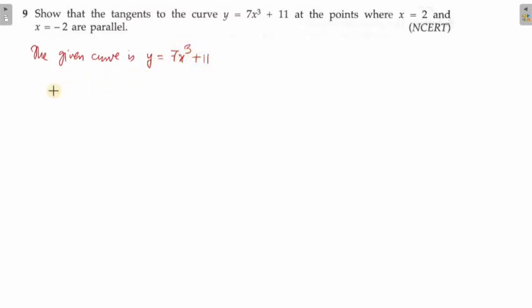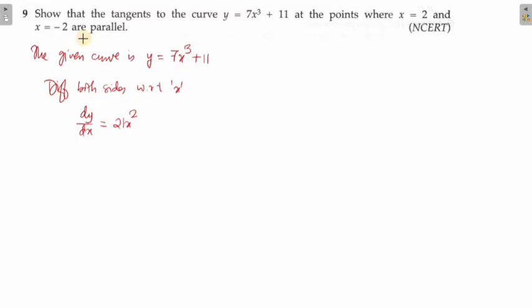Obviously, differentiate this. Differentiating both sides with respect to x gives you dy by dx equals 21x square. Now you have to find slopes at x equals to 2 and x equals to minus 2.